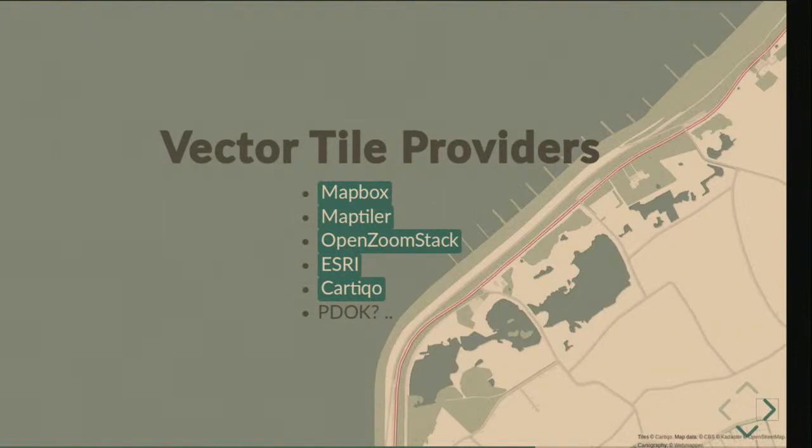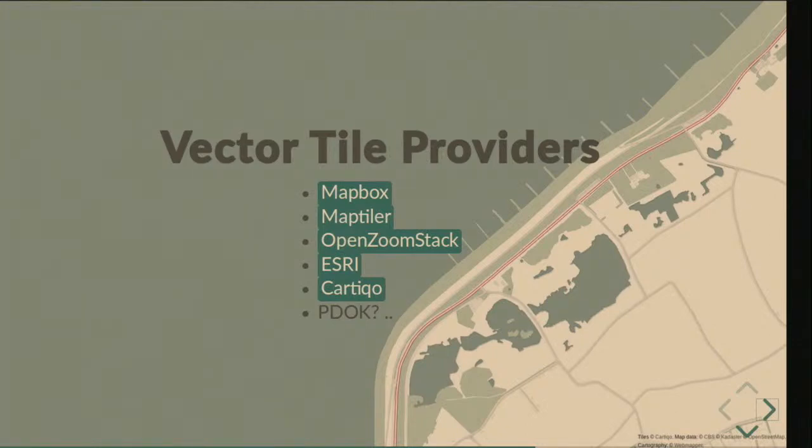Where you can get vector tiles, Mapbox has some vector tiles, but MapTiler is, for example, an alternative that provides you with vector tiles for all over the world, but also local tile sets. OpenZoomStack is actually the local vector tile stack from the UK. Esri also offers vector tiles to their customers.